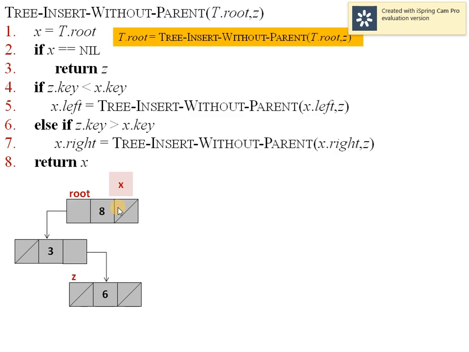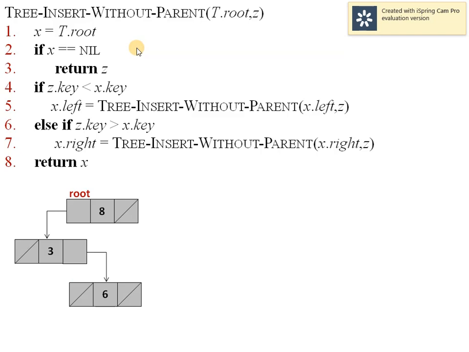This completes the recursion of x dot left, and then finally the t dot root recursion will get updated. Again return x will return this root only, which will be used to update this root, which is the previous root only. In this way we have completed the execution for the insertion of node 6.